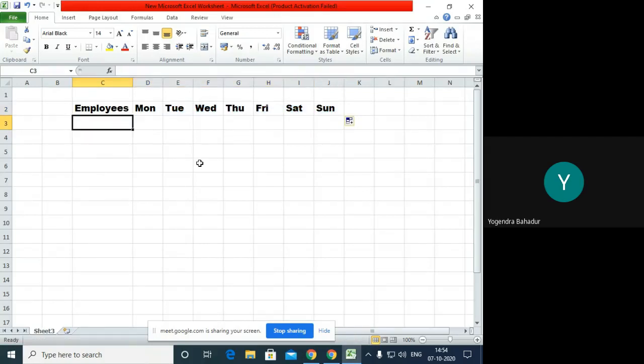For the employees, we are using the symbols C1 and C2. C1 and C2 are for Captain 1 and Captain 2, and for the stewards, we are taking S1 and S2.